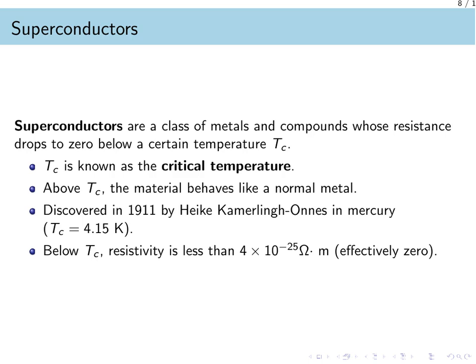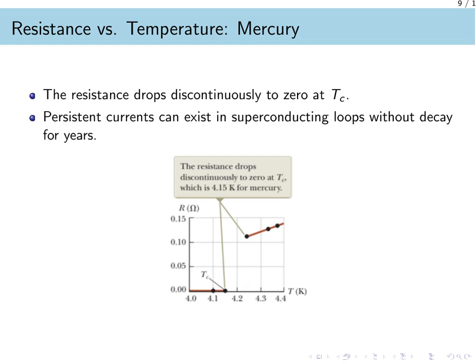Below this critical temperature, the measured resistivity is incredibly small, less than 4 times 10 to the negative 25 ohm meters, which is effectively zero for all practical purposes. This graph displays the electrical resistance versus temperature for a sample of mercury. You can clearly see that as the temperature is lowered, the resistance drops discontinuously to absolute zero right at the critical temperature.